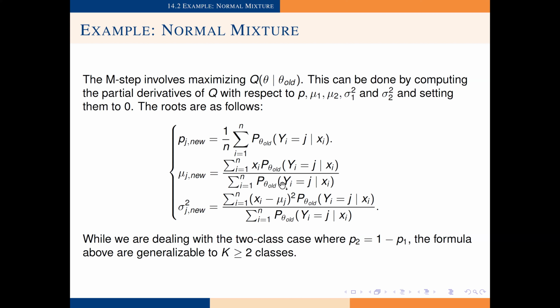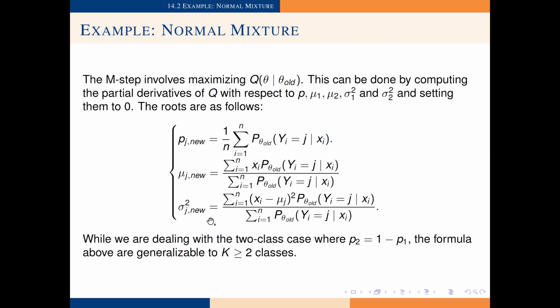And the denominator is going to be the sum of the n P theta olds, which are the conditional probabilities that each observation comes from class j. So taking the ratio over here gives you the new mean for class j in that iteration.